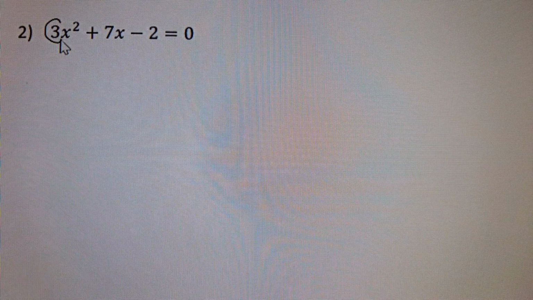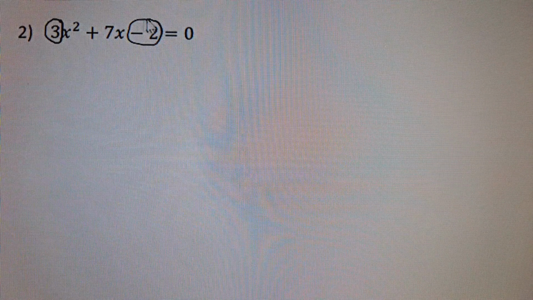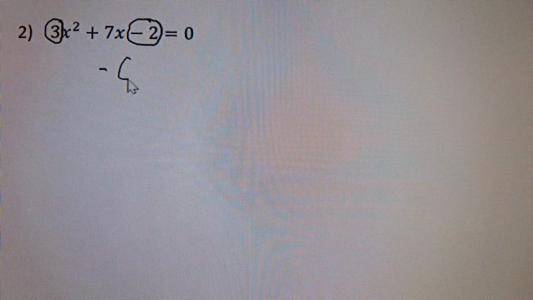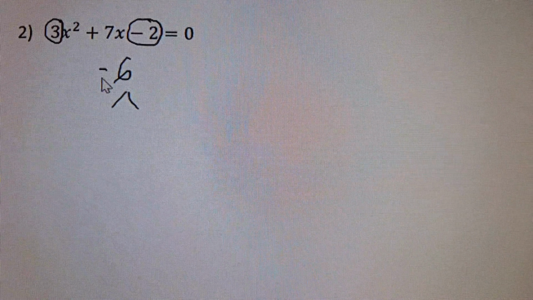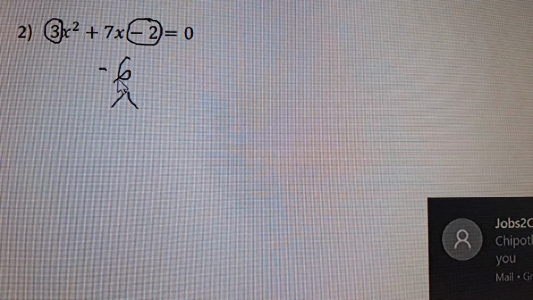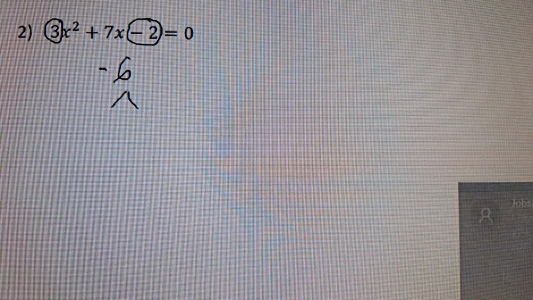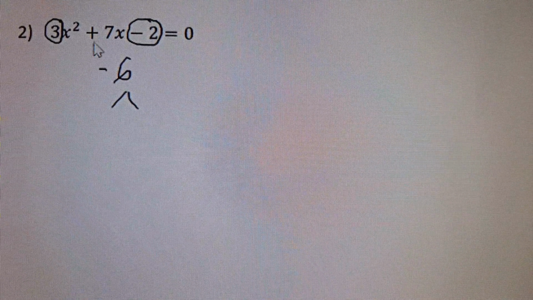The first step is to multiply the leading coefficient, which is 3, times minus 2. That would give you minus 6, wouldn't it? Then we look at the factors, and when we add those two factors, in this case, it has to give you 7.